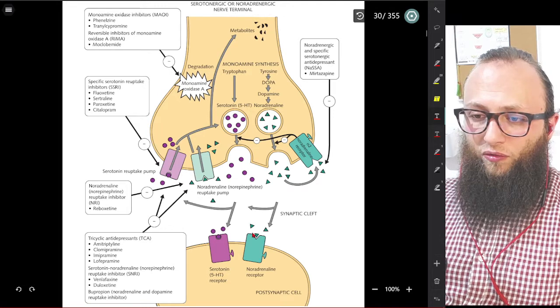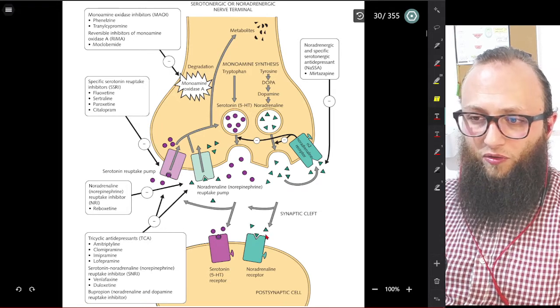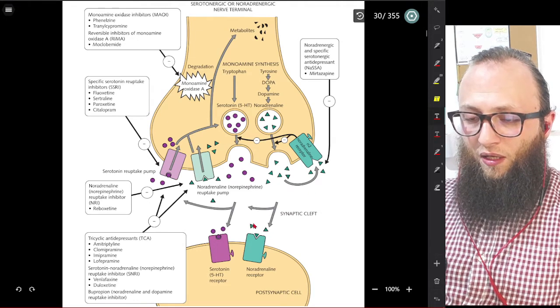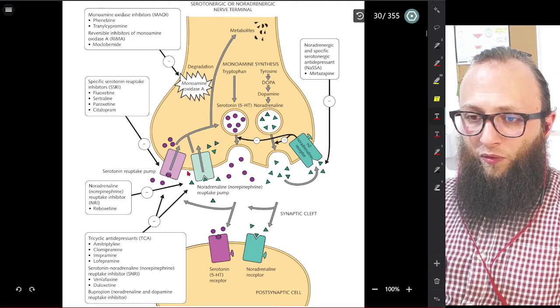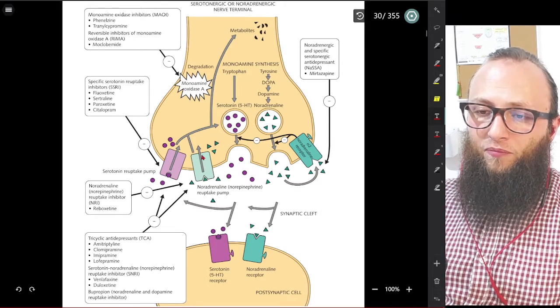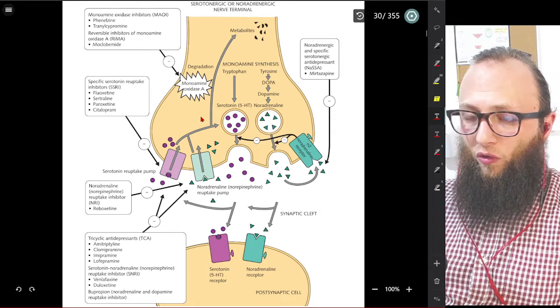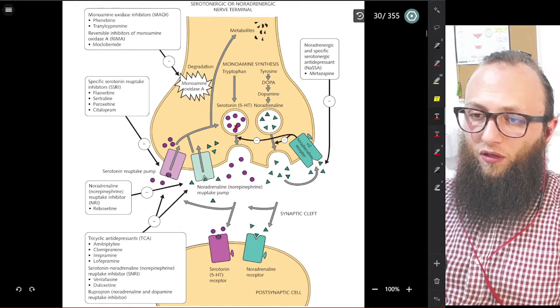Then they would work on the receptors, the postsynaptic receptors, and sometimes the presynaptic receptors. And after they do their work, there will be some transporters that would reuptake neurotransmitters back to the neuron, then to be packed within the vesicles here.